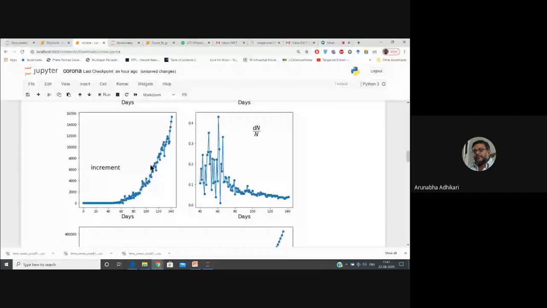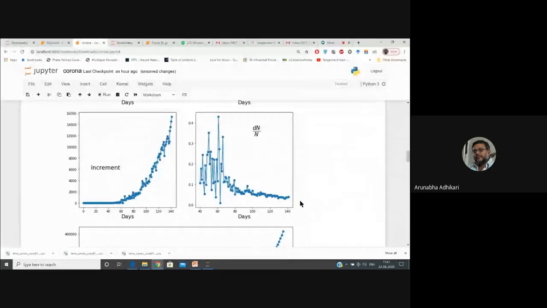The increment, which I did by using the diff operation on the cumulative data, and this is dn by n. That is, dn by n is the increment divided by the total number. This kind of plot is rare.